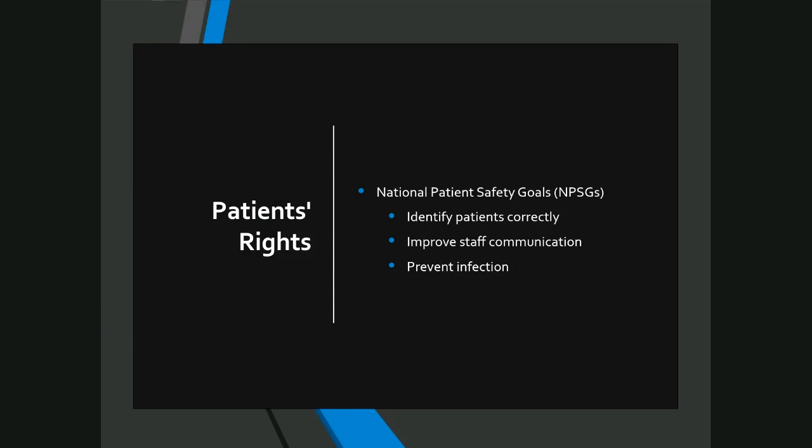The National Patient Safety Goals. The Joint Commission is an independent, non-governmental agency that provides standards for the objective evaluation process that guides healthcare facilities to measure, assess, and improve performance for patient care and safety. Identifying patients correctly is under the goals: use at least two ways to identify patients when providing laboratory pre-analytical, analytical, and post-analytical procedures.